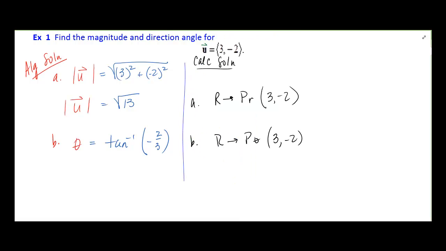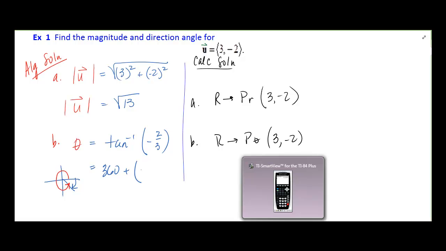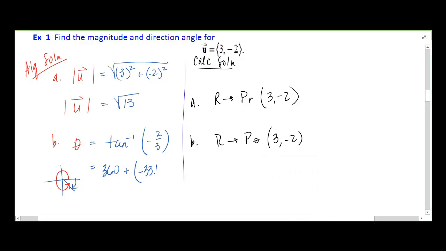Okay, so if I land in quadrant 4, the value from the calculator was in the negative direction, but I need to return my answer in a positive direction. So I would need to basically add 360. So we're going to say 360 plus the value from my calculator, which was negative 33.69 if we rounded it to that.